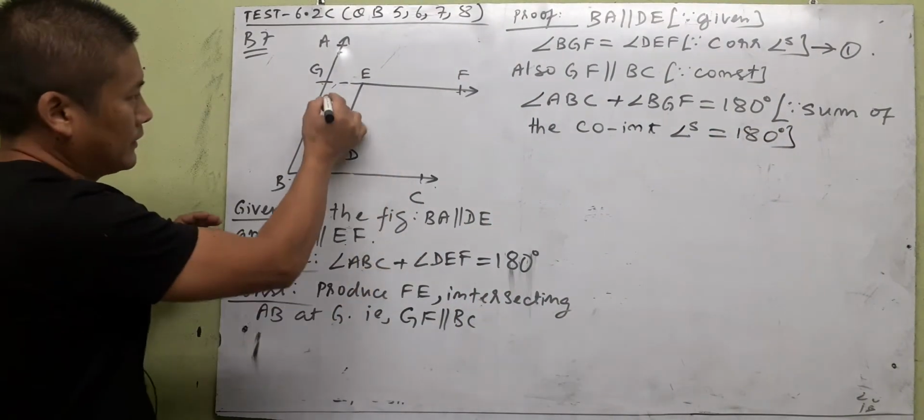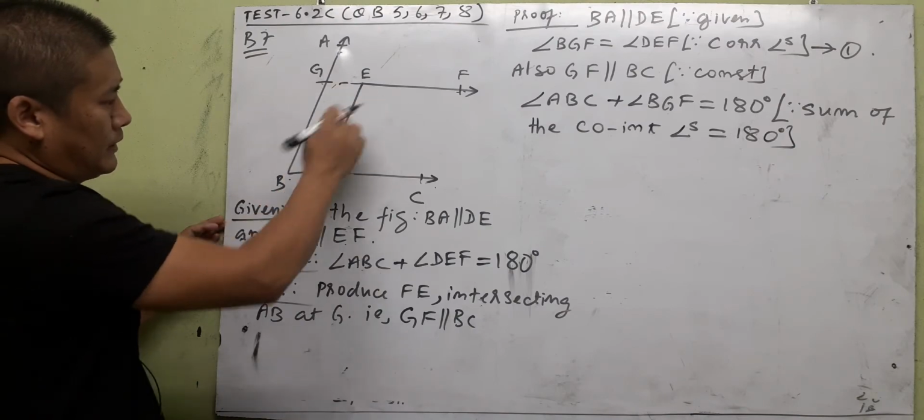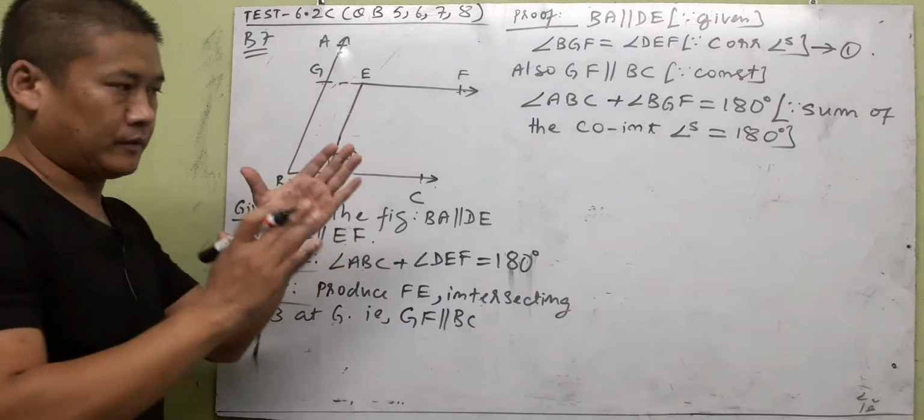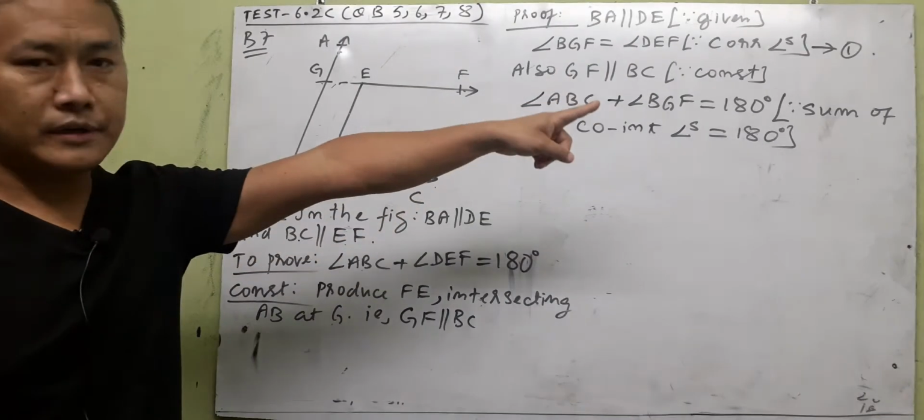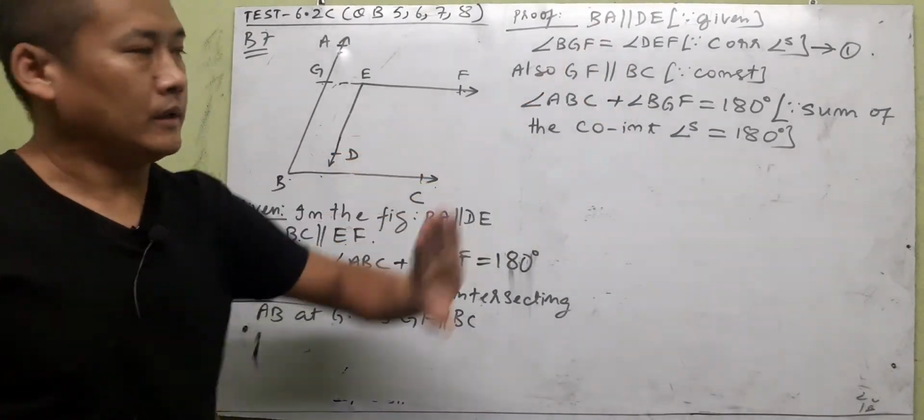Inside on the same side, they are called co-interior, and their sum is equal to 180 when the lines are parallel.